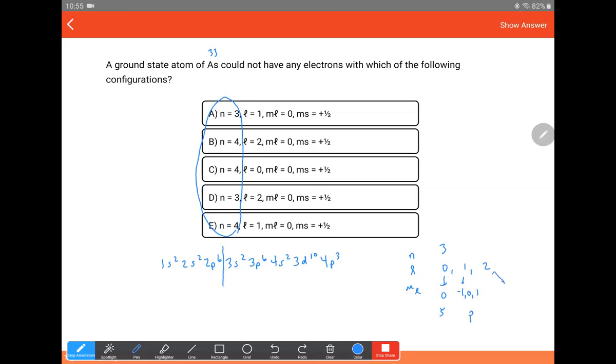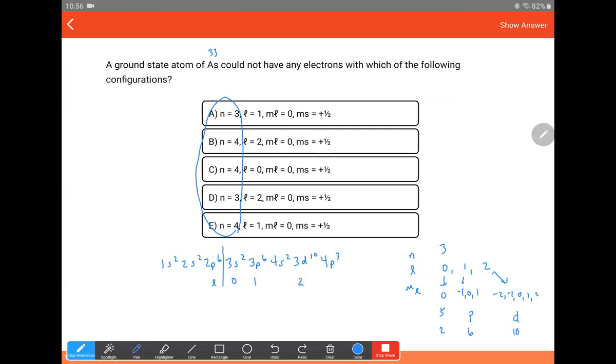Now l is 2: -2, -1, 0, 1, and 2, and that is a d orbital. So s's have 2 electrons, p's have 6, d's have 10. Remember, 2 in each. And so let's look at n equals 3. So we have an s, so that's l is 0, here it is 1, and here it is 2.